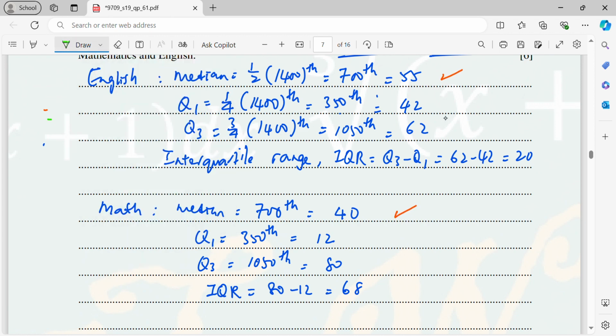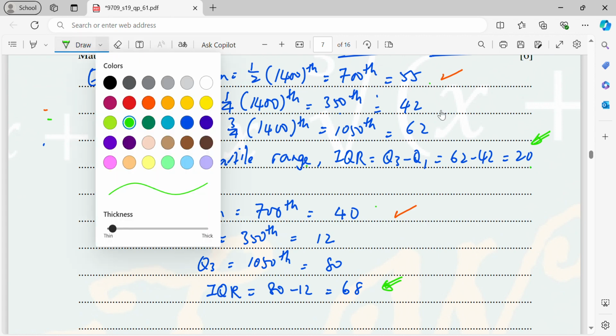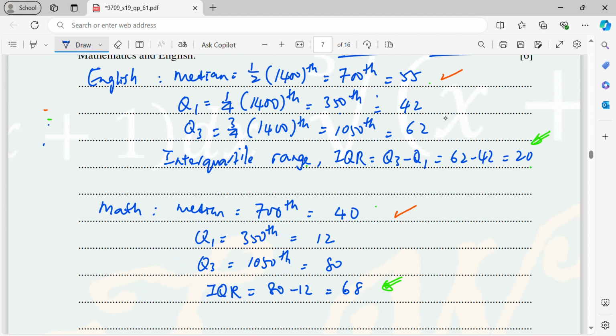So now, for the center of tendency, you compare these two medians. And then for the spread, we compare the IQR, interquartile range. So from here, obviously, for English, the median is higher than math. And the IQR for the English is smaller than math.